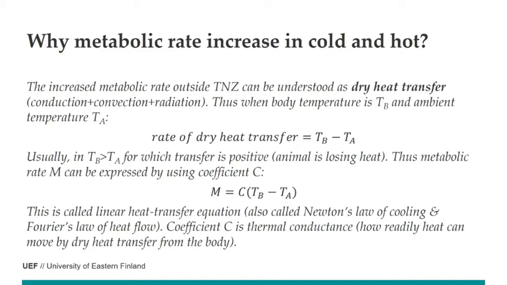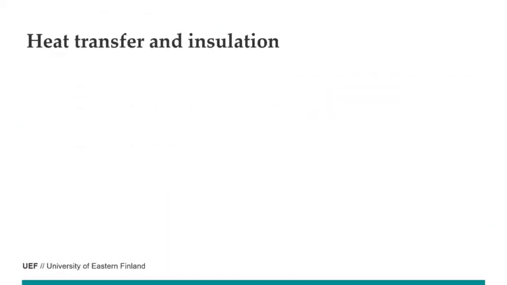And the C is thermal conductance, so how readily the heat can be moved by dry heat transfer from the body. And these conductances are always quite tricky factors, so that's why it's easier to turn it to the insulation.